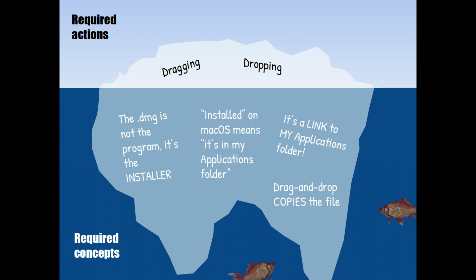Underneath, you have all of these concepts which I required, which kind of motivate the actions and make them have any sense. I needed to understand things like the fact that the disk image is not actually the program. Steam.dmg is not Steam, it's the installer.